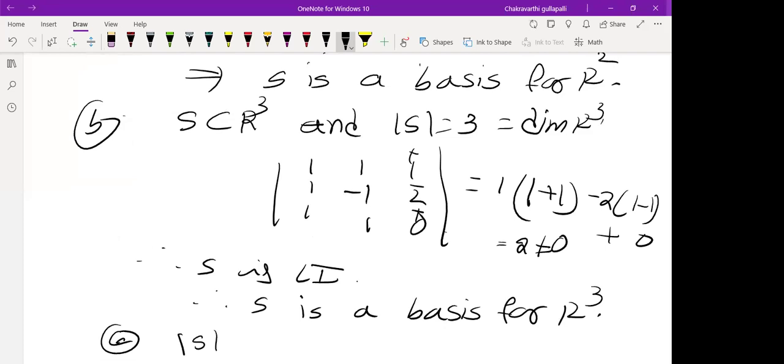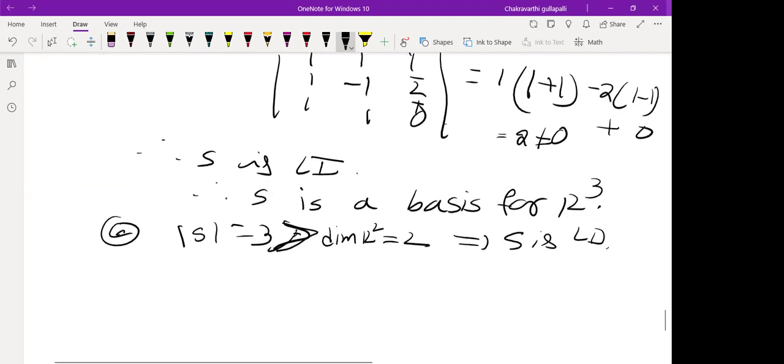S contains 3 vectors. The dimension of R2 is 2. So it contains more vectors than the dimension. Therefore S is linearly dependent. Because it is linearly dependent, can it be a basis? No. S is not a basis.